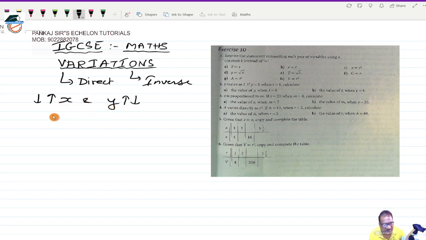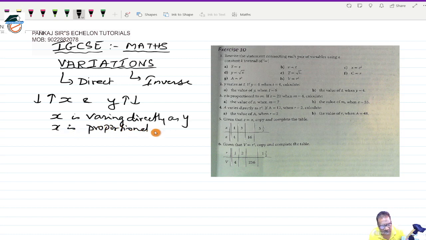So we say it in this way: x is varying directly as y. This is one way of saying that. Second, you can also say that x is proportional to y. And the third way is x varies directly as y.